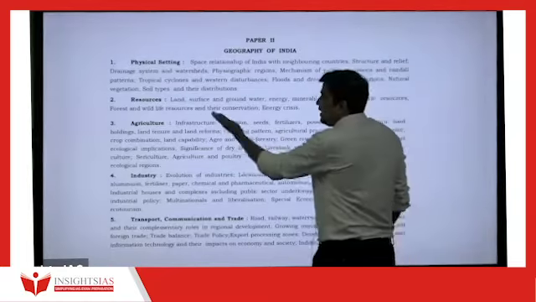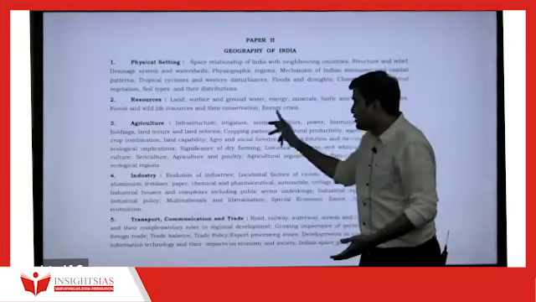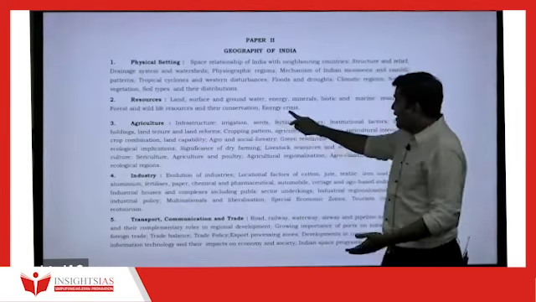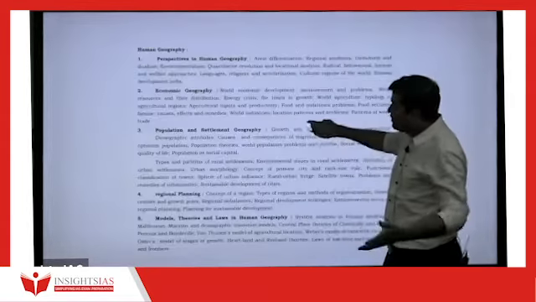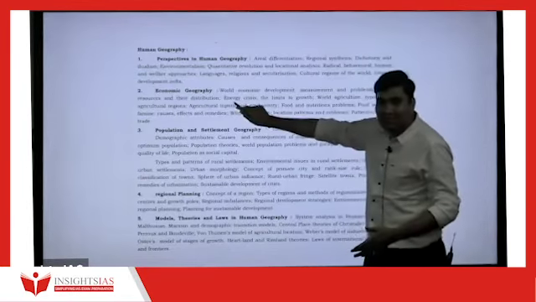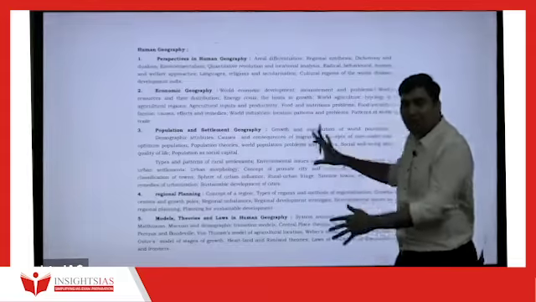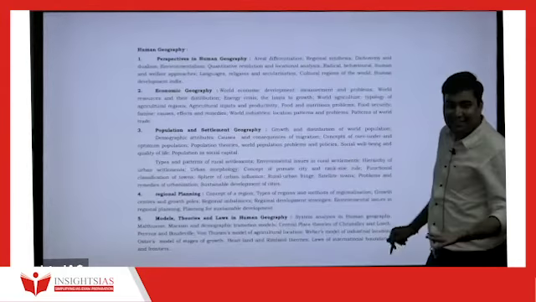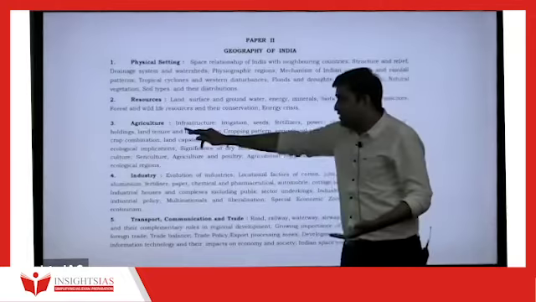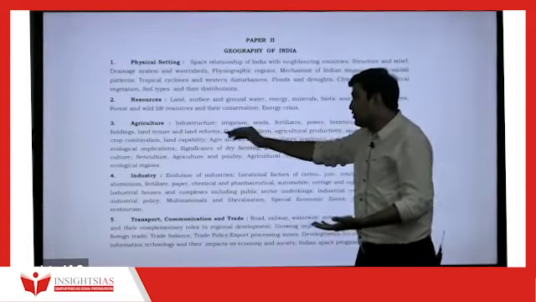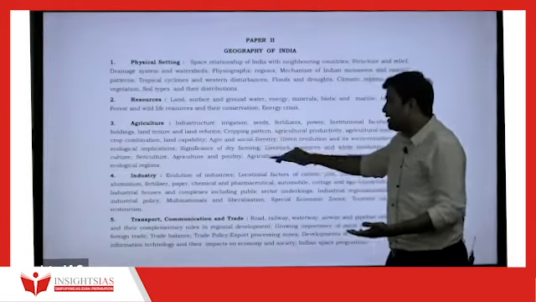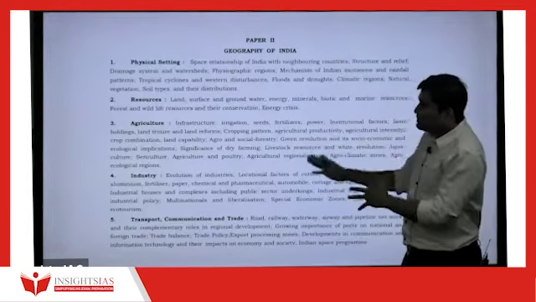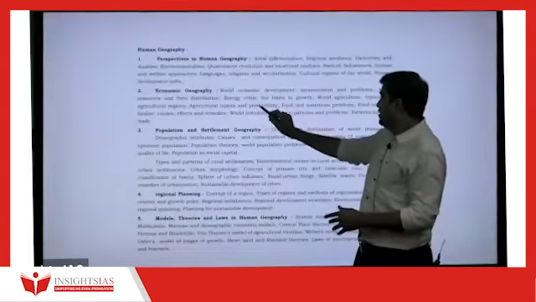Similarly, resources, land, forest and wildlife resources, energy crisis, right? Energy crisis means economic geography. See here, energy crisis. Here at a world level, वहाँ पे at the Indian context. Agriculture. When I speak about agriculture, infrastructure, land reforms, cropping pattern, ये सब कुछ is essentially linked to this here. कहाँ पे गया ये?